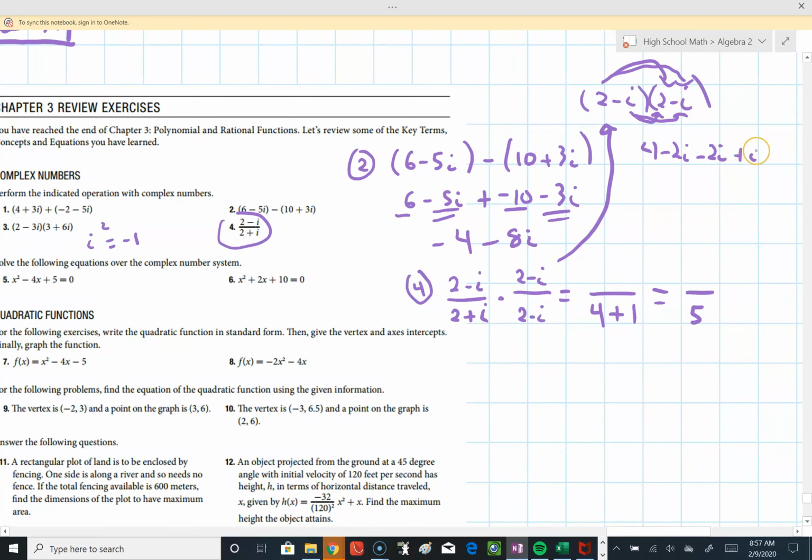Well, i squared is negative 1. Combining these two gives a minus 4i. And then we have a 4. 4 plus a negative 1 would be 3. Minus 4i. That'll be our numerator. Perfectly fine way to write the answer. We could also write it as 3/5 minus 4/5 i.